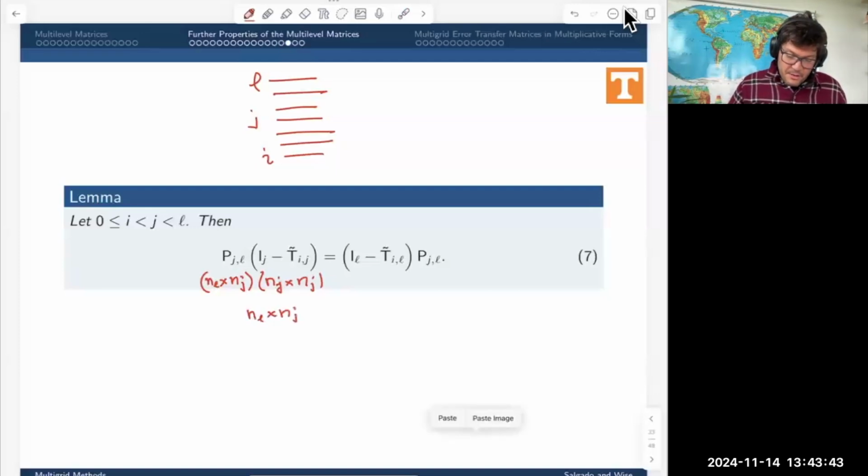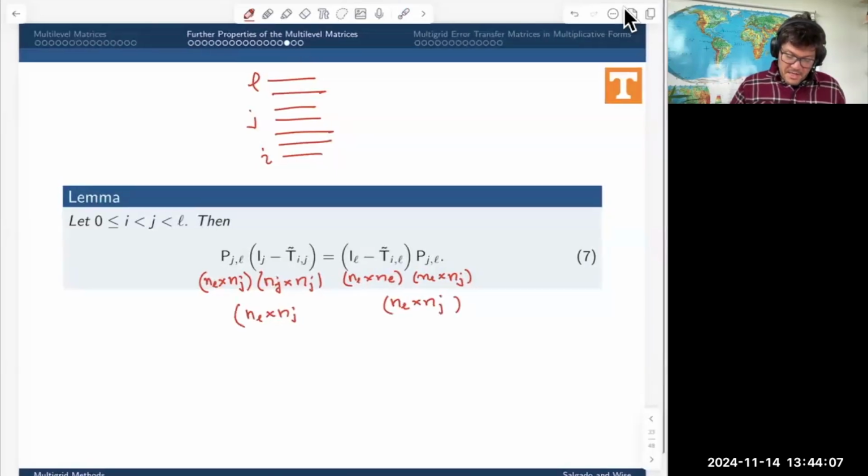This matrix here is nL by nL, square, and this matrix is nL by nJ, non-square. And if I take the product, it is compatible for multiplication. I get nL by nJ.